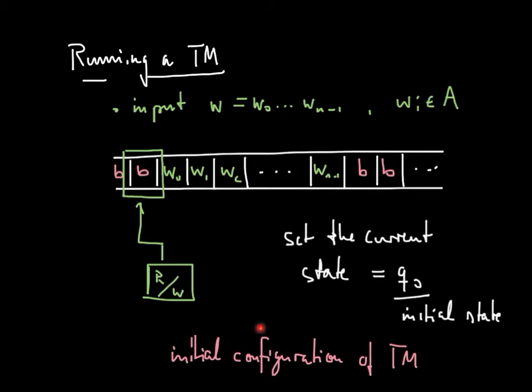So a configuration of a Turing machine will always be a snapshot of the work tape together with the position of the read-write head together with the current state. That's a configuration of the Turing machine. And this here describes the initial configuration. So this is what the Turing machine looks like when it's starting to run on this input.